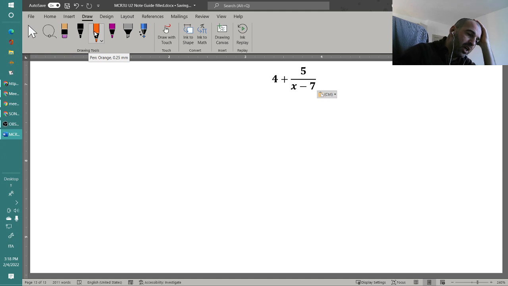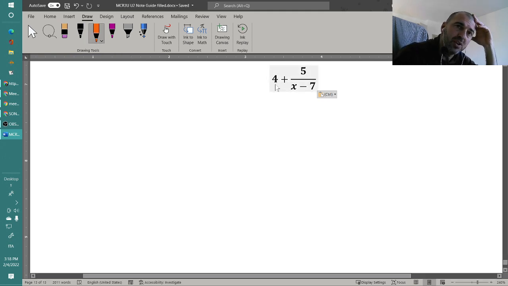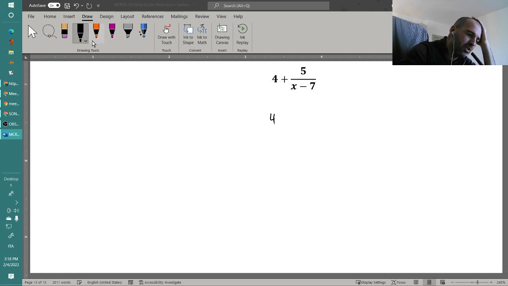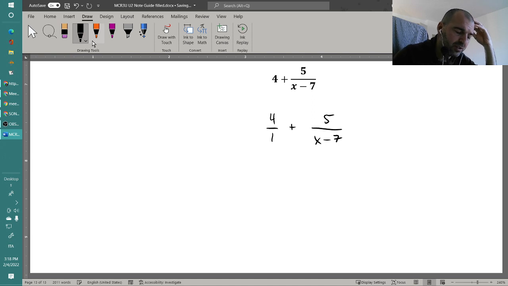Because the 4 is not a fraction, you kind of pretend like it's got a 1 as the denominator. So you're saying this is like 4 over 1 plus 5 over x minus 7.